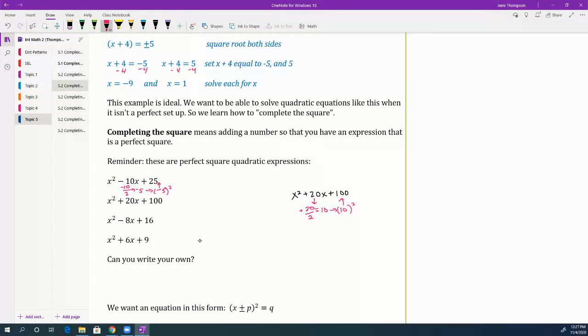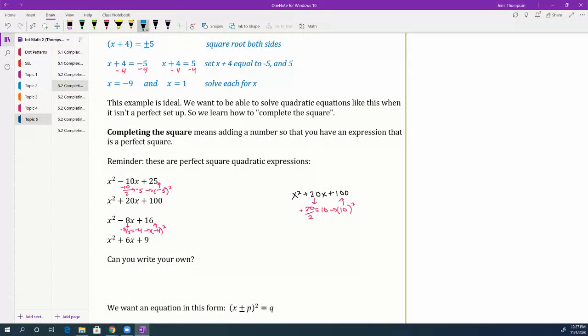And you can see the same thing here. For x squared minus 8x plus 16, I take half and I get negative 4. And then when I square negative 4, I get 16.